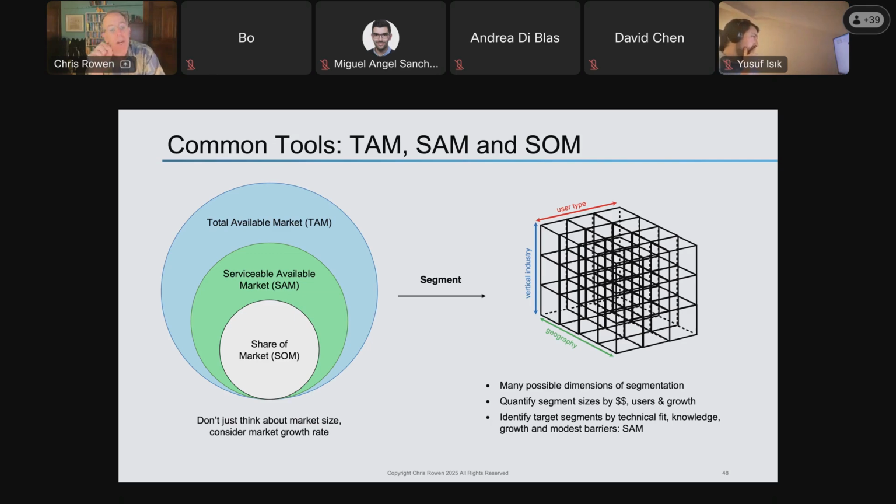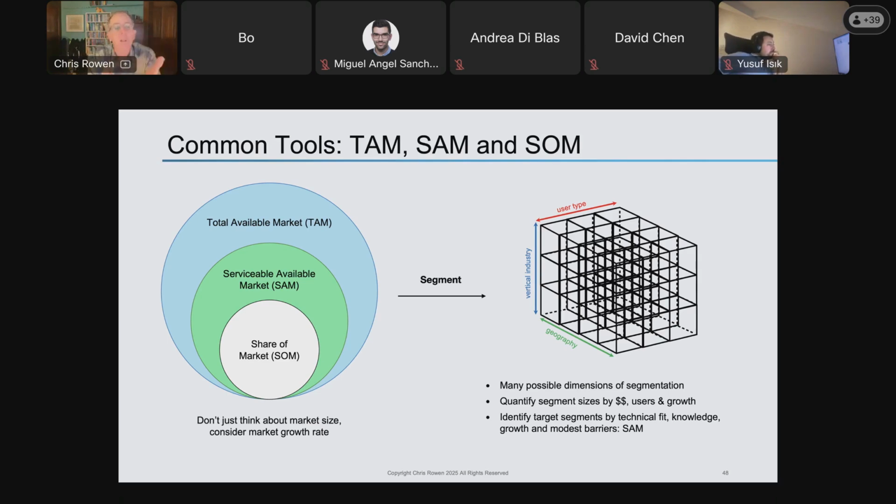If you're in an emerging market and you're really repartitioning and finding a new niche, you may have 100% of a small serviceable market. And that's okay if that small share is large enough to sustain you, and especially if you believe you can grow because the use case will grow over time.